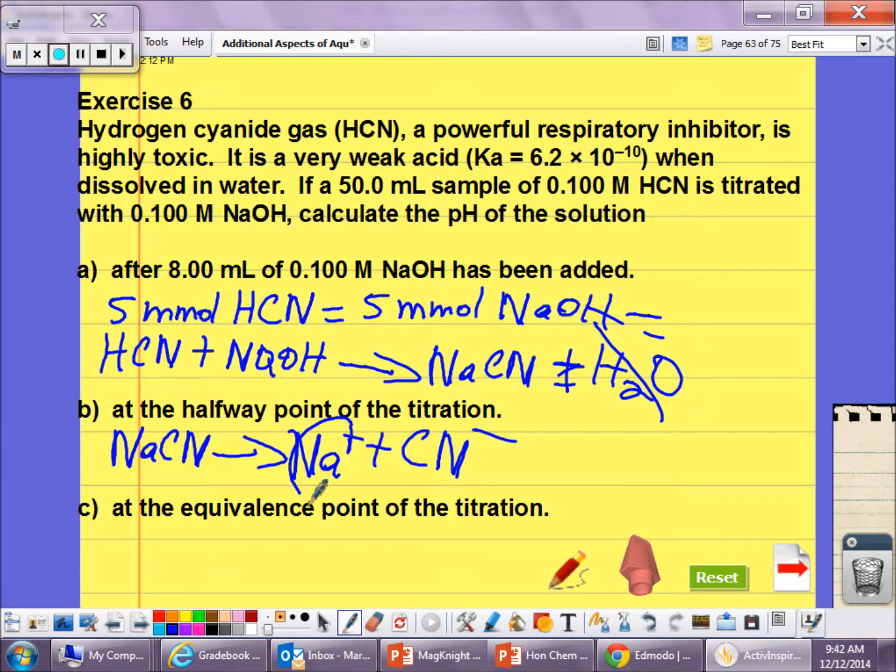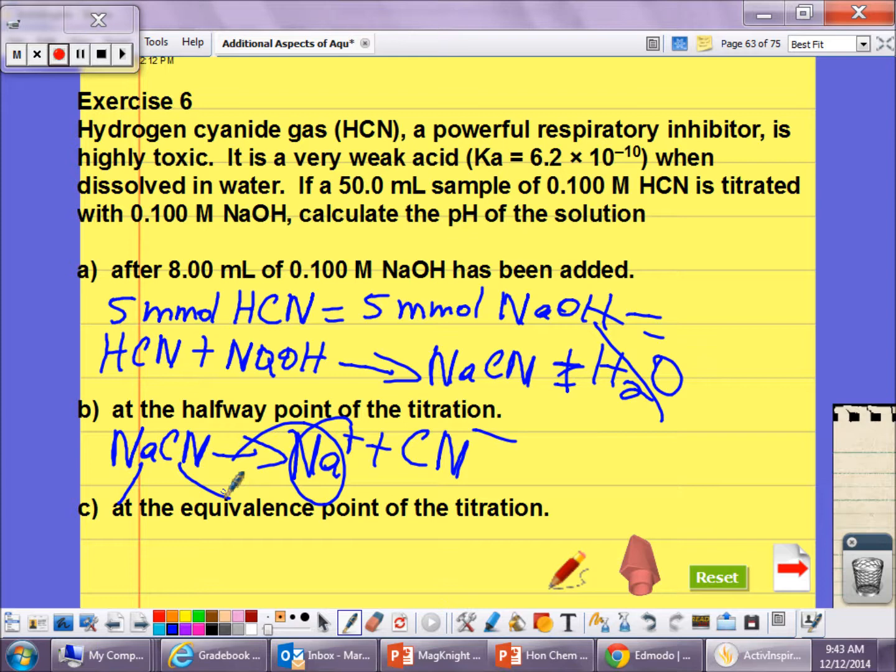I do not care about Na plus. It is the cation of a strong base, so it is neutral. The only thing I really care about is the CN minus. Because this is a salt of a strong base and a weak acid, that salt is basic.